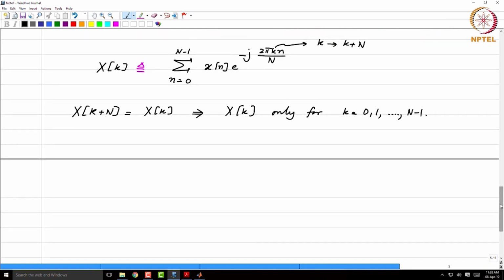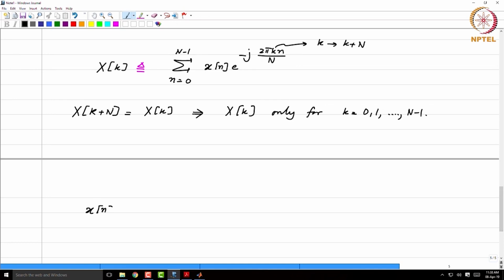So now this person who was so kind to give you the definition of the DFT was also kind enough to give you the inverse DFT.